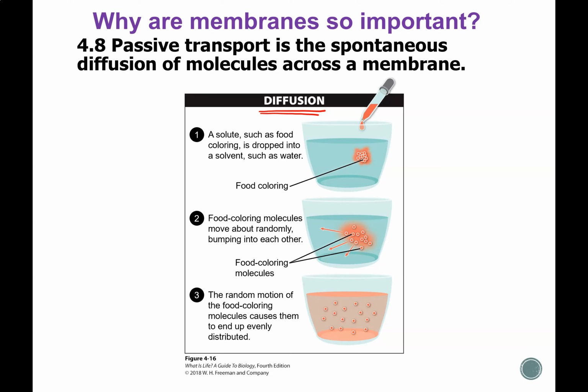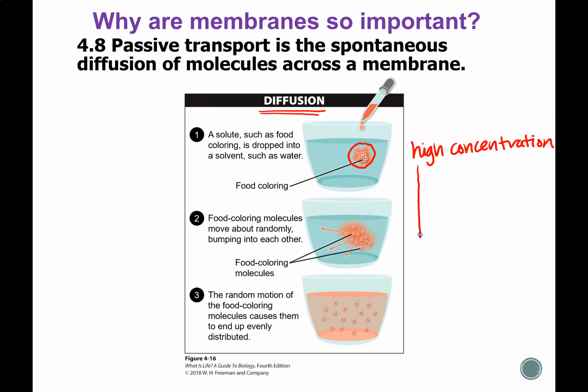So imagine a glass or bowl of water and you drop some food coloring in it. Or imagine a cup of black coffee and you pour a little bit of creamer in it. What happens? It spreads out. That drop is an area of high concentration. And if you don't stir it, we're not talking about stirring right now, those molecules that are in really high concentration are on their own going to bounce against each other and eventually spread out. They are diffusing away from the point of high concentration.